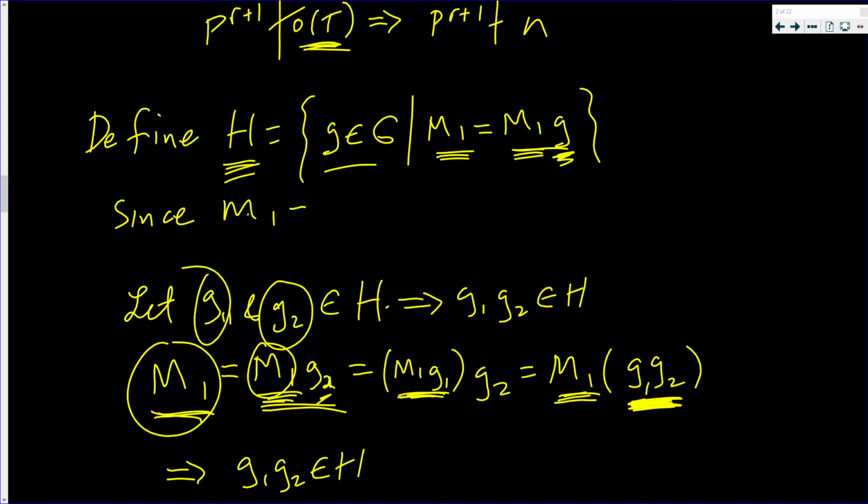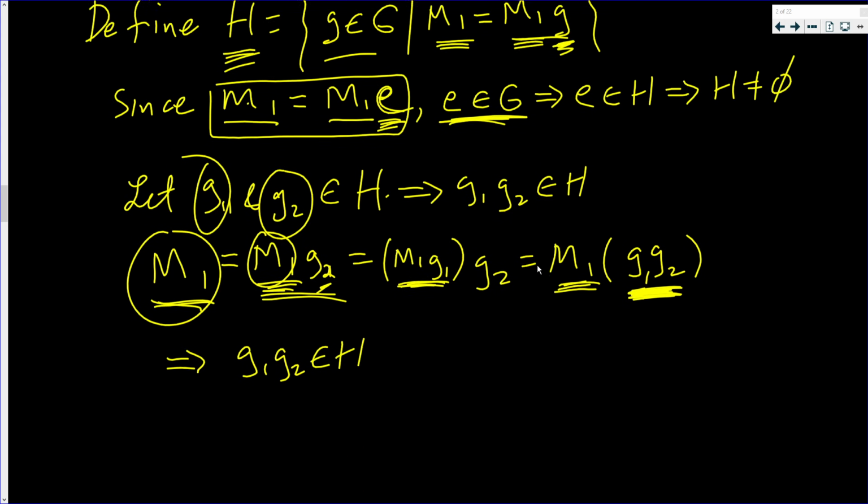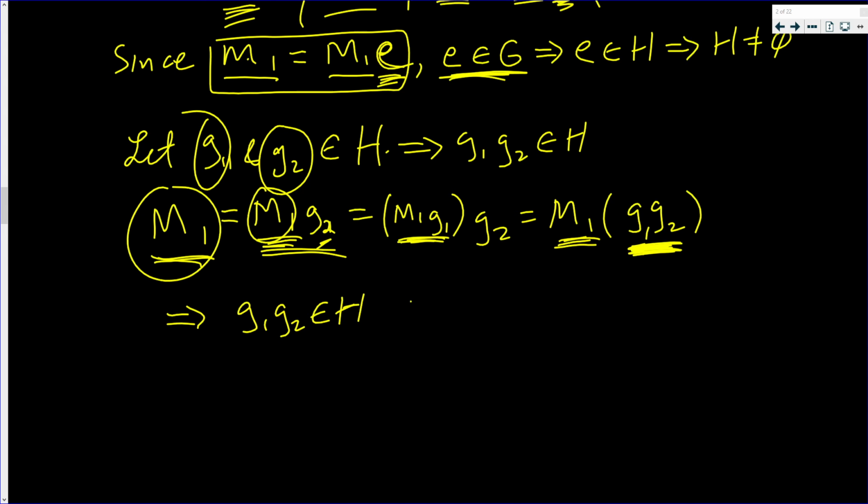Since M1 is equal to M1 times E, and E is in G, that implies that E is in H. This is the entry fee to get into H. You take something from G, and if M1 is equal to M1 times that element, then that element is in H. So this implies that H is not the empty set. So we can talk about elements being in H. Okay, so we got closure.